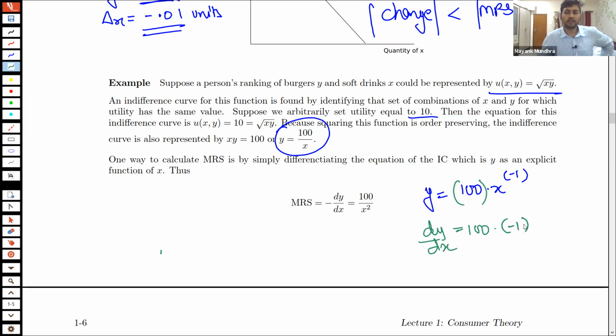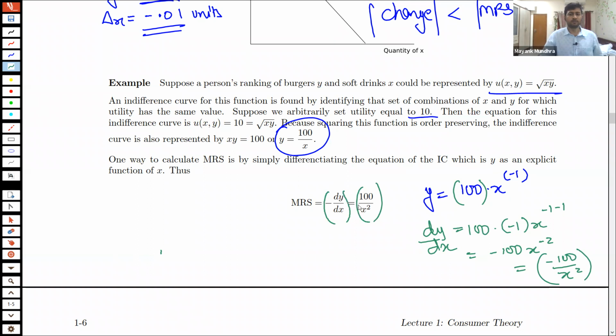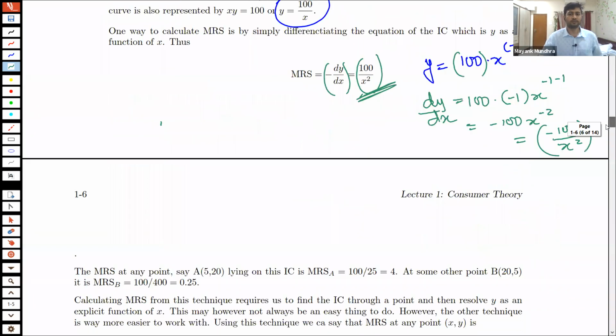So this would become minus 1 x to power minus 1 minus 1. So that is minus 100 x to power minus 2. Now x to power minus 2 is 1 by x square, so this becomes minus 100 by x square. Okay, so MRS is negative of slope, so you put one more negative in front of it, so you get MRS as 100 upon x square.